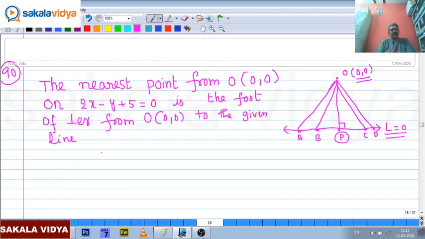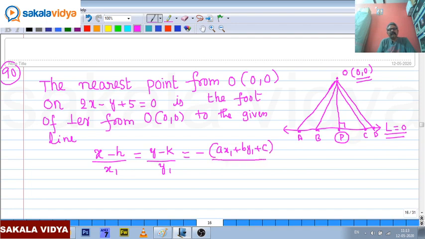The formula we know: (x minus h) by x1 equal to (y minus k) by y1 equals minus of (ax1 plus by1 plus c) by (a square plus b square). This is the formula to find the foot of the perpendicular.